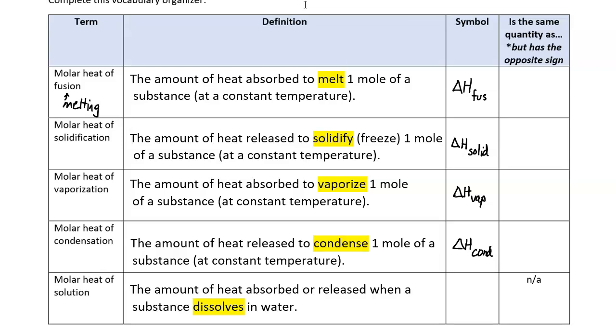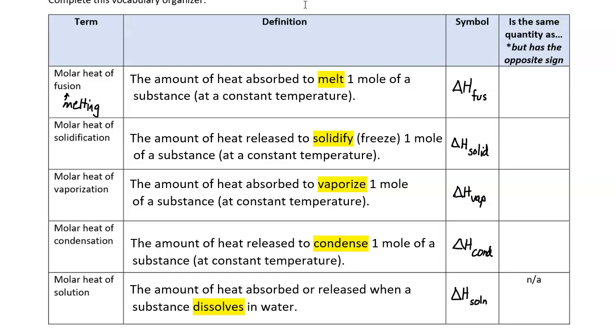And the last one, delta H, and now we want an abbreviation for the word solution. It's common to use SOLN. So these symbols represent those vocabulary words in the left column, and they're actually representing number values for different substances.